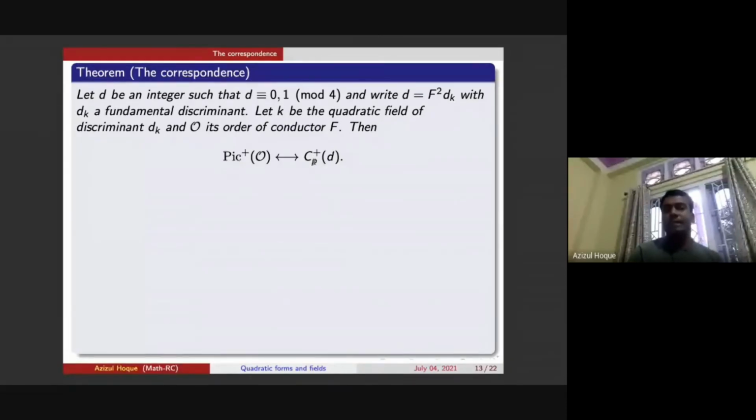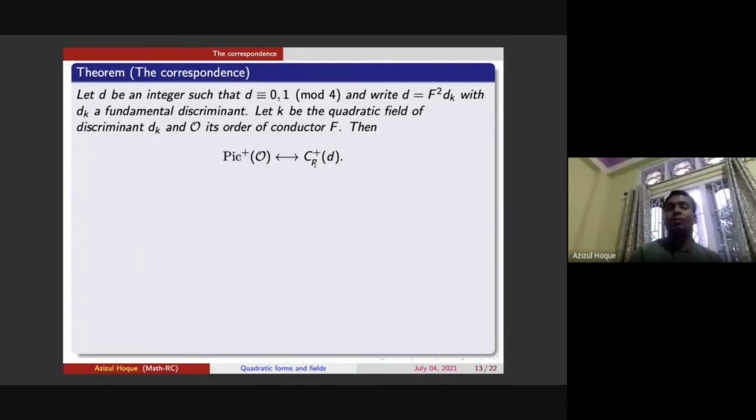And this corresponds to the group of primitive binary quadratic forms, and the plus means it represents positive definite forms.